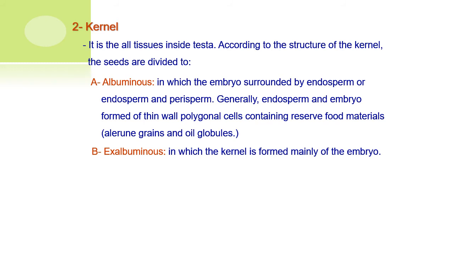Both the endosperm and embryo are formed of thin-walled polygonal cells containing their food material of aleurone grains and oil globules, as we said before. If the endosperm is absent, the seed is described as an exalbuminous seed, which is formed of the embryo alone as the inner tissue, and the seed coat or testa formed of different layers.